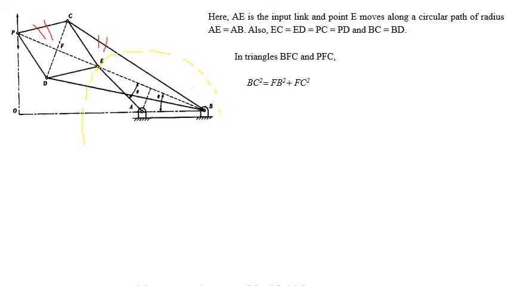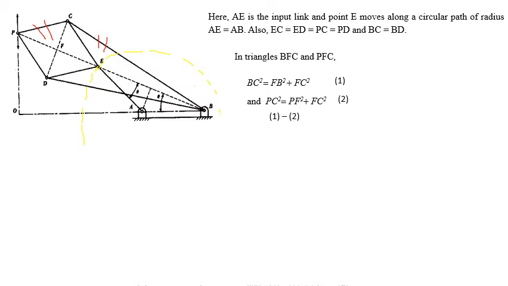According to Pythagoras theorem, the longest side in triangle BFC is BC, right? Therefore BC square is equal to FB square plus FC square. Let us call this equation number 1. Similarly, in triangle PFC, the longest side is PC, therefore PC square is equal to PF square plus FC square. Call this equation number 2.